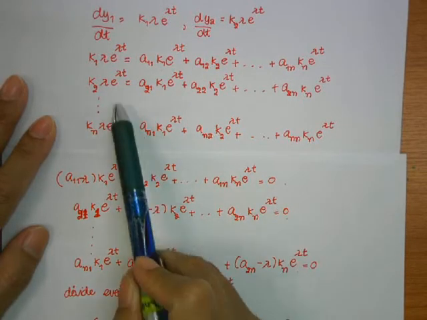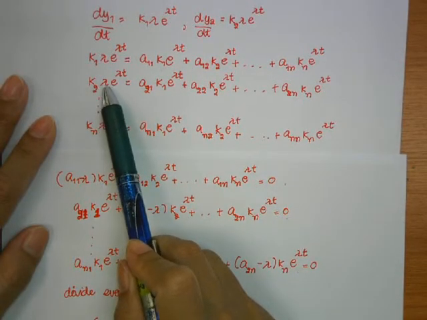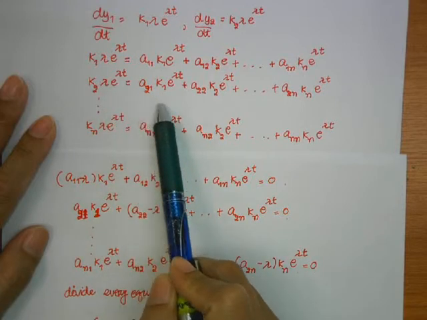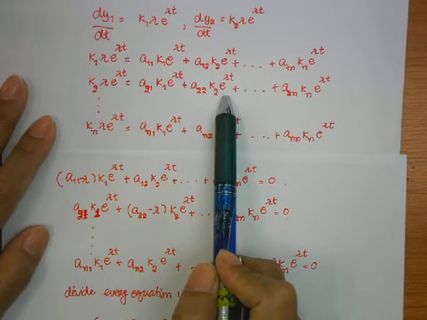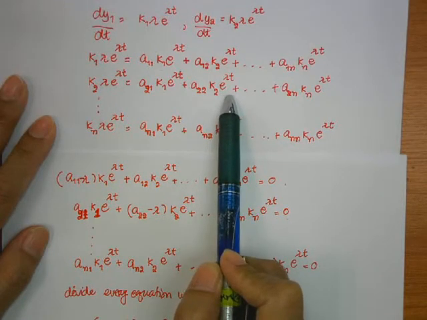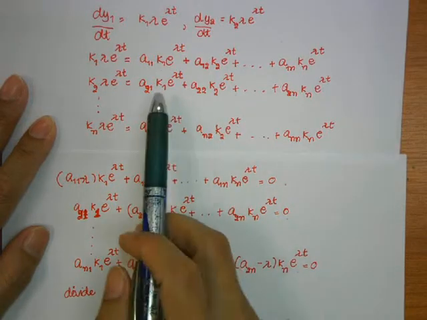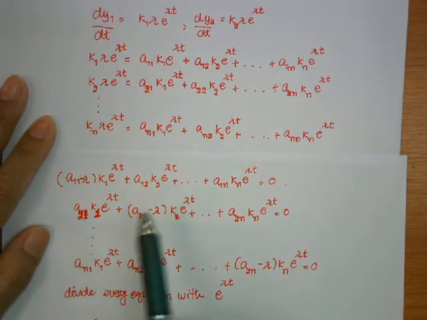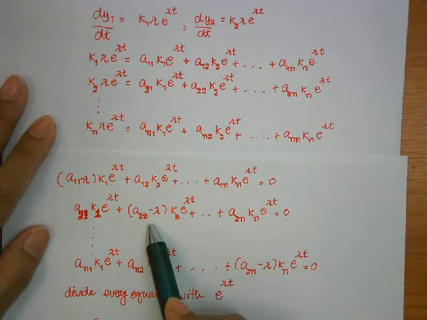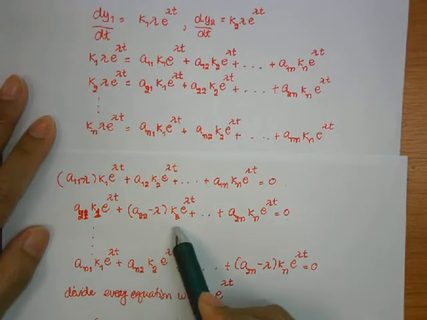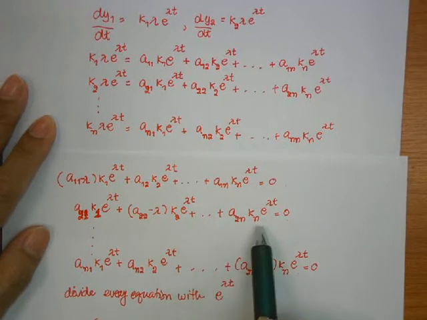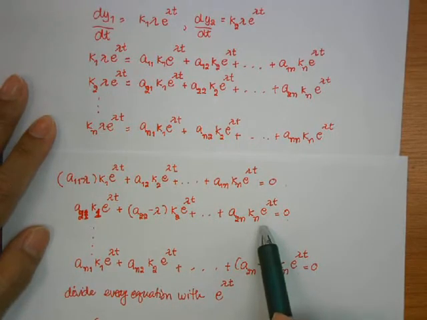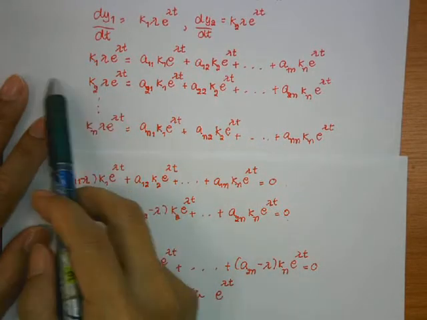And for the second equation, you take this term and put it with this term, so you have k2 and exponential of lambda t, the same for both terms, so you take it out. The first term is still the same, and the second term you would get a22 minus lambda, and the whole thing times k2 times exponential of lambda t, and the rest of the terms stay the same, right? Because you don't have any extra term of other k.